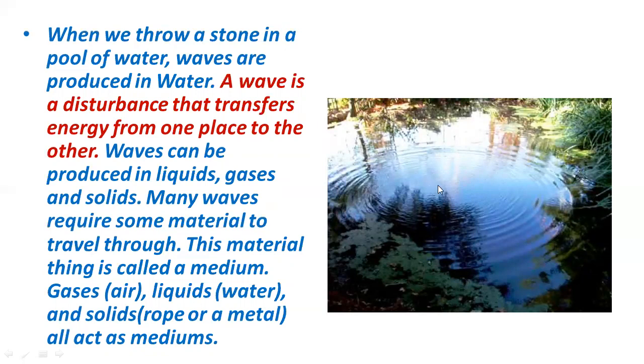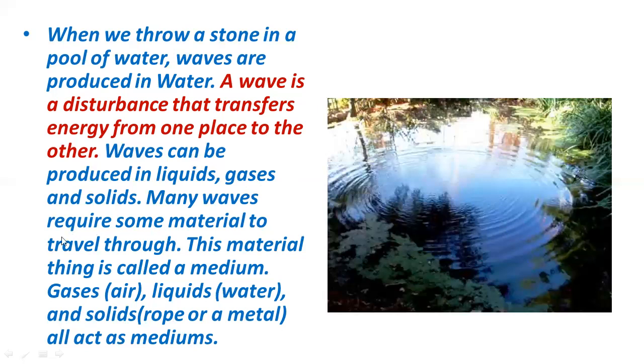You can see that when we throw a stone in a pool of water, waves are produced in the water, and these waves are transferred outward. So waves can be produced in liquids, in gases, and also in solids.